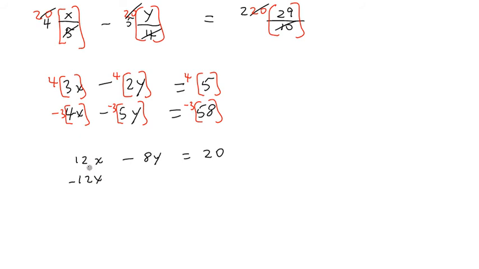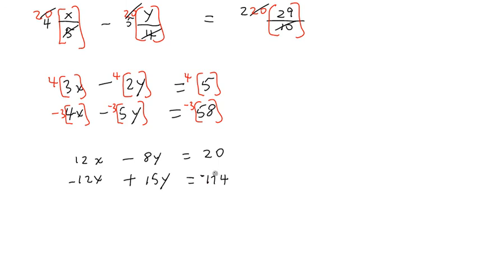And I've got minus a negative, so that's going to be plus 15y is equal to 3 times 58. 3 times 8 is 24. 3 times 5 is 15. 15 plus 2 is 17, so 174, but it's negative because it's a negative times a positive.